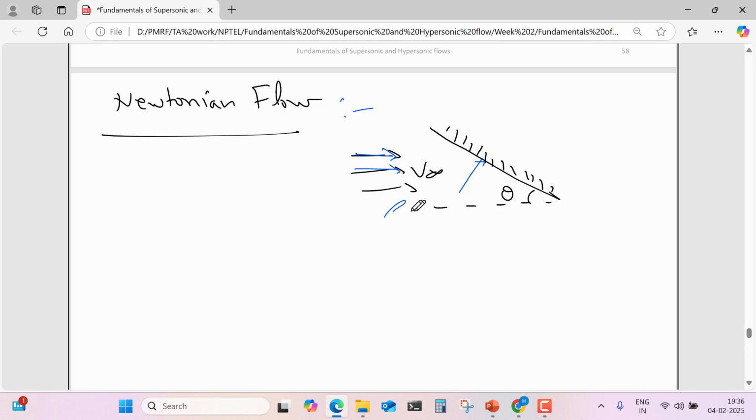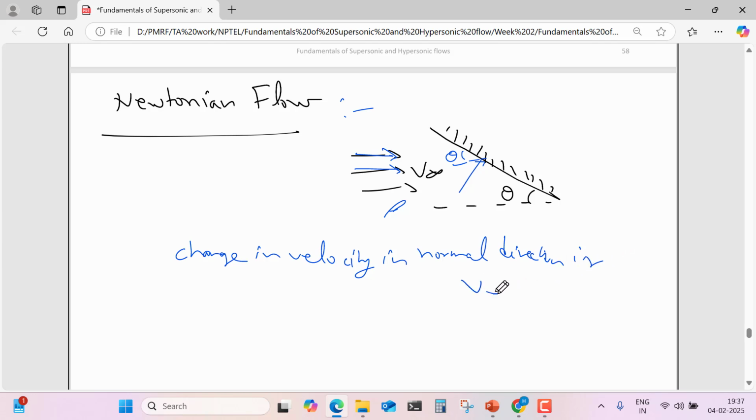Let's say this is density rho, and this is the angle theta. So change in velocity in normal direction is V infinity sin theta.